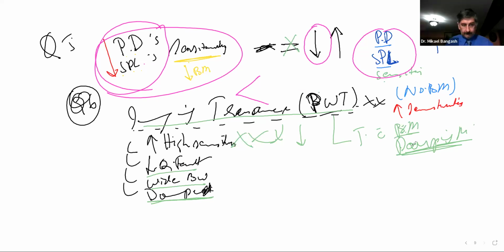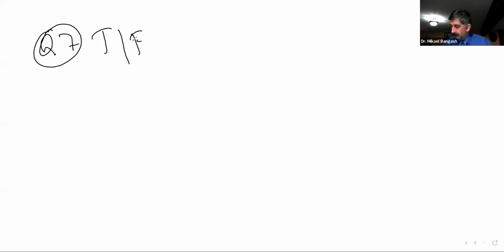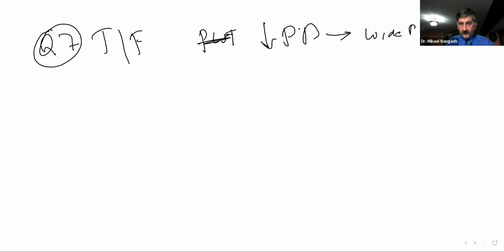Question number 7. True or false? Shorter duration events such as damped pulses are more likely to be wide bandwidth. So it is correct to say that a shorter pulse duration mainly means it has a wide bandwidth.